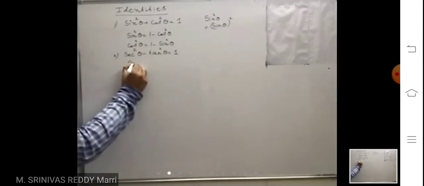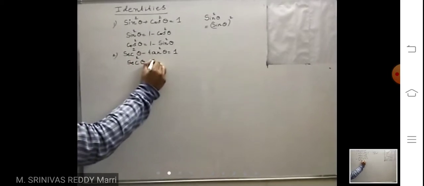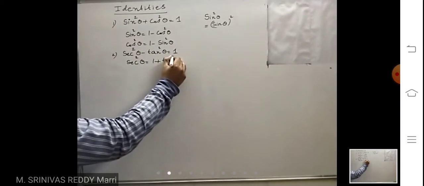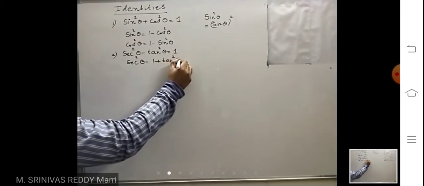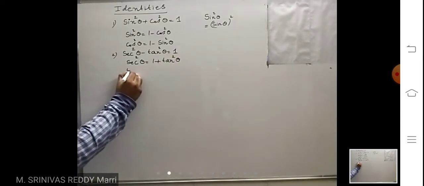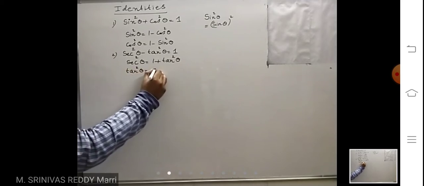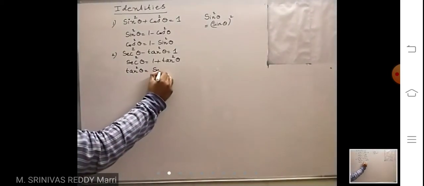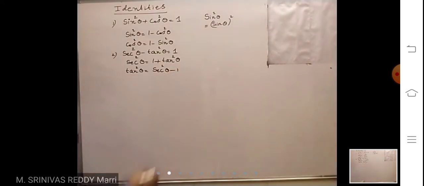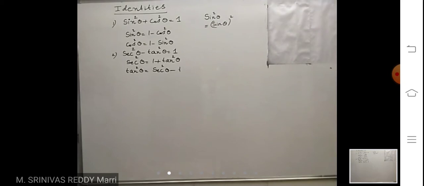If you want to write secant square theta in terms of tan theta, write secant square theta equals 1 plus tan square theta. If you want to write tan square theta in terms of secant theta, tan square theta is nothing but secant square theta minus 1.